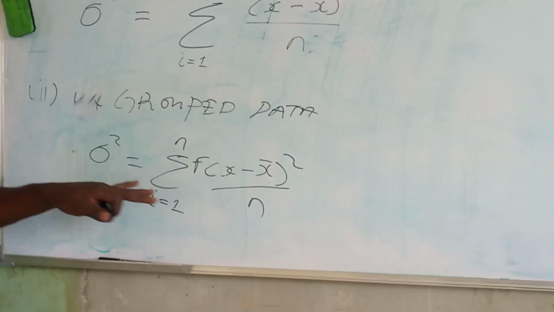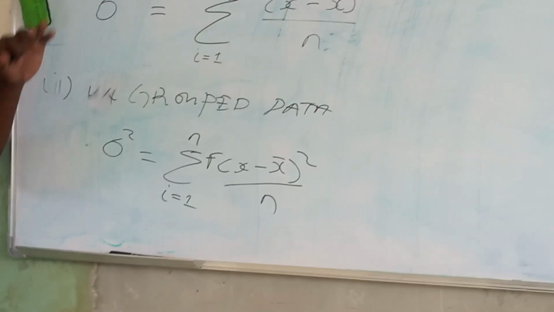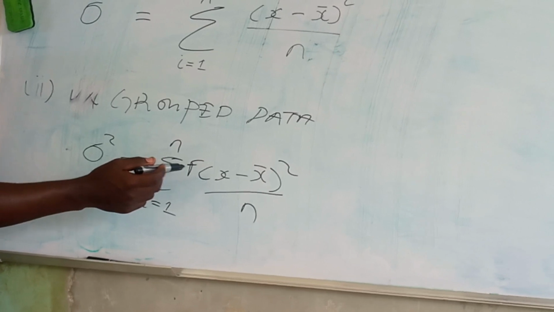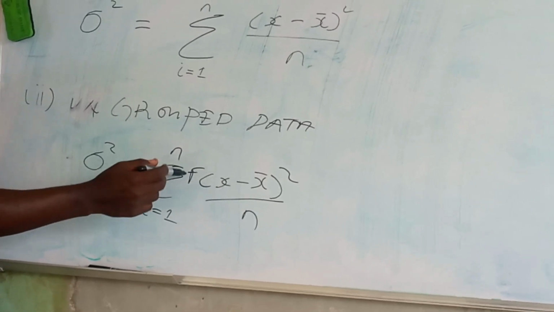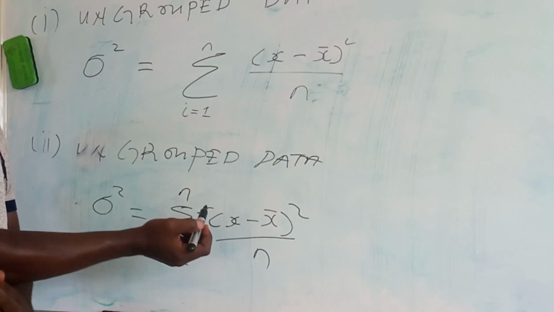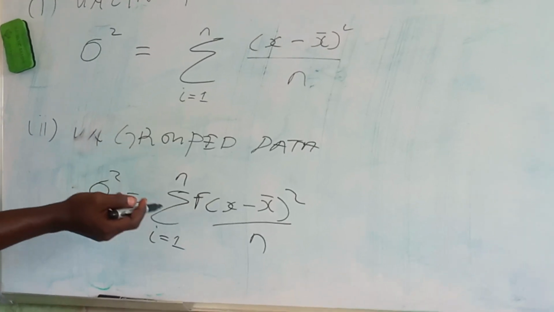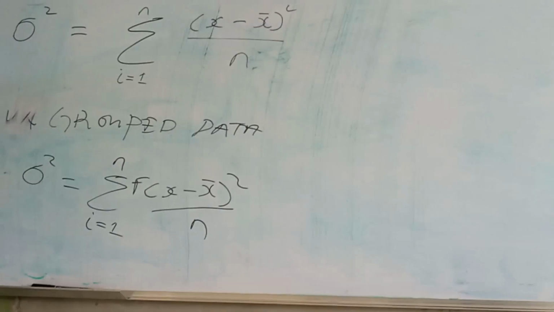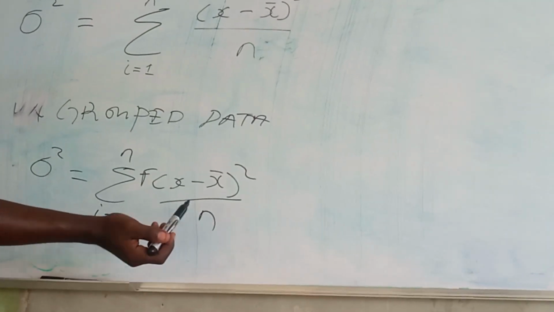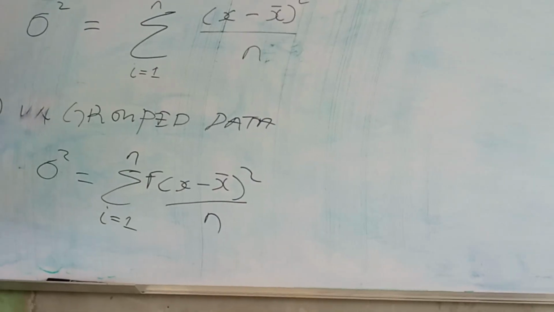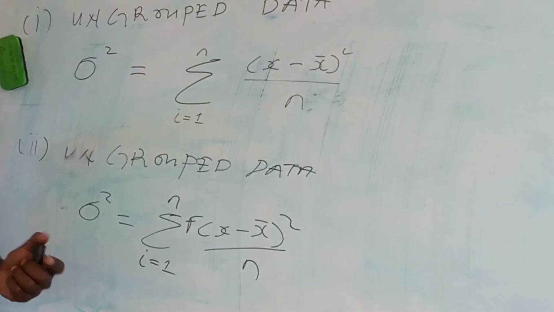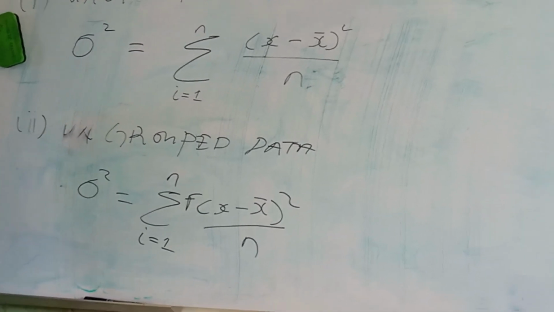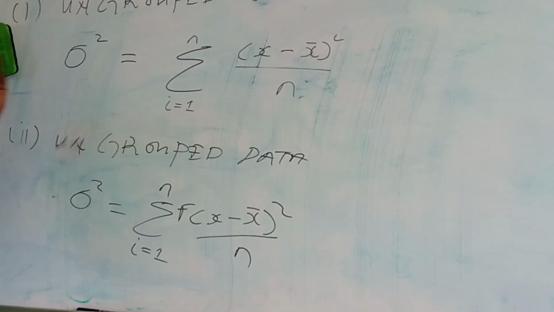This is the formula that you use when calculating the variance for grouped data. Here f represents the frequency for each class interval, x represents the midpoint of each class interval, x̄ represents the mean, and n represents the total frequency. The variance shows the average distance of each number in a data set from the mean.